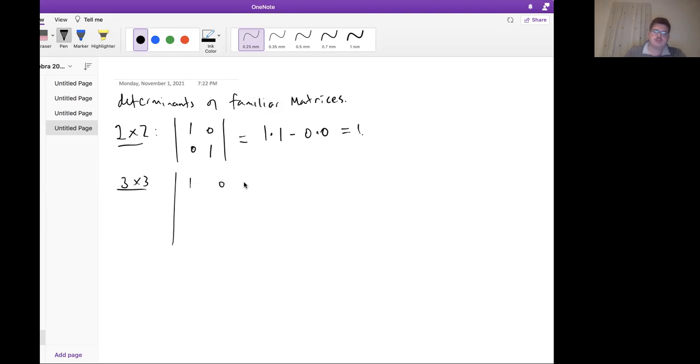Let's do the identity for 3x3 and look at that determinant. Okay, what do you think it is? So let's write it out. Using our formula, what would it be?